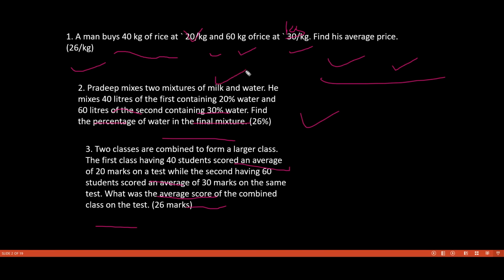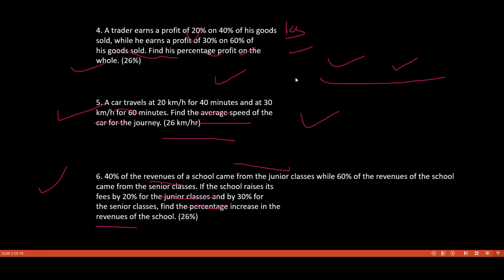When two kinds of liquid are mixed, then the percentage of both in the final mixture can also be found using mixture and alligation. And when the average scores of students are given, their combined average score can also be found. So all these questions use the same concept.